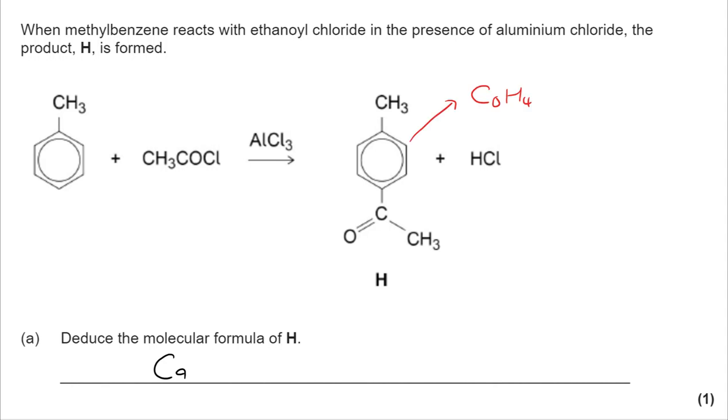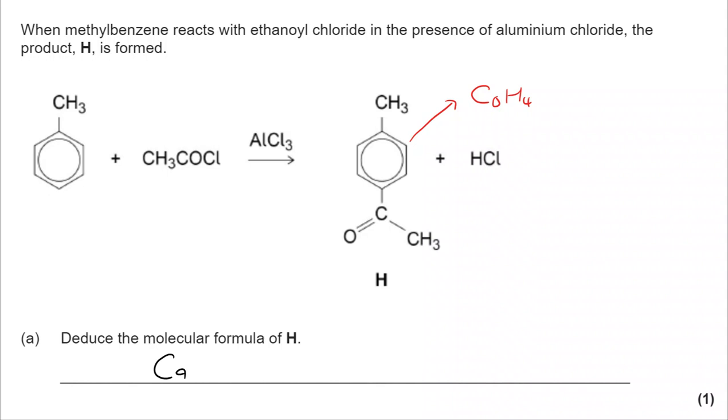So you simply go through. I look at the benzene ring and I can see that I've got C6H4 because I've got the 6 carbons in the ring and I've got 4 of those with H's coming off. I know I've got different things coming off the others. Now, when I add up the total carbons, that takes me to 9 because I've also got the C in the CH3 and the C in the COCH3.